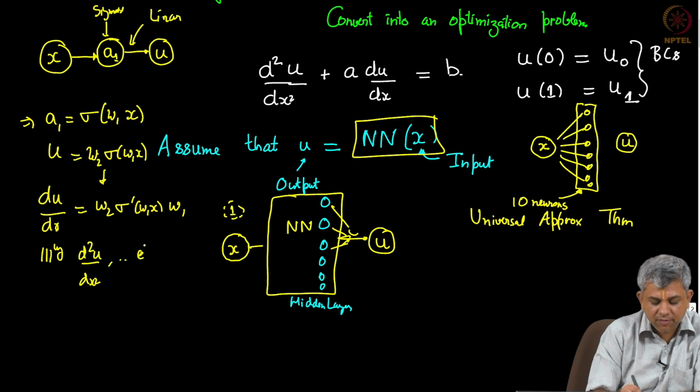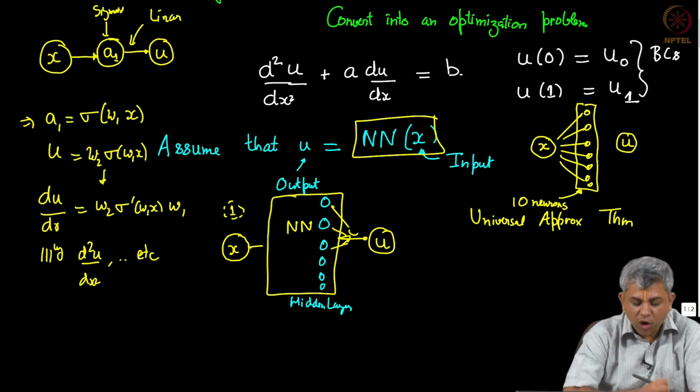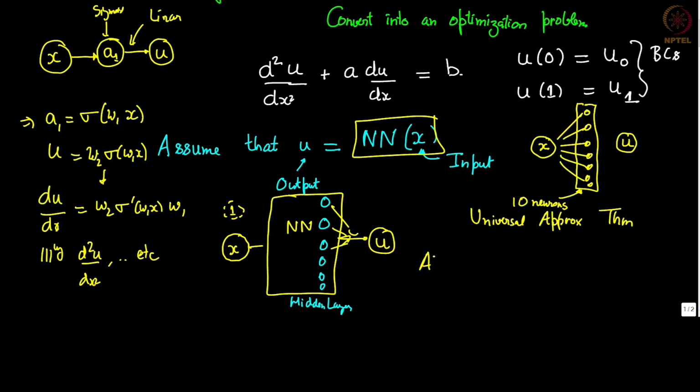Okay. That is, all derivatives, this is the key point, all derivatives of U with respect to the input x can be found. Okay. Now, you might think that this is possible only because I had a single hidden neuron.